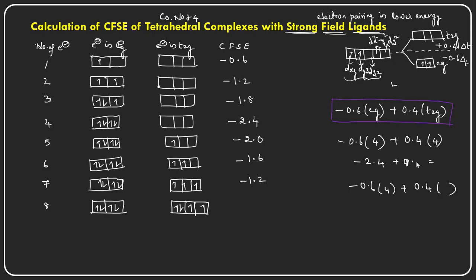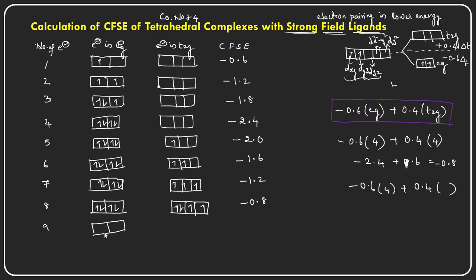So this will become 1.6. So minus 2.4 plus 1.6. So what will be the value here? This will be minus 0.8, right? Minus 0.8. And the ninth electron, where will it enter?